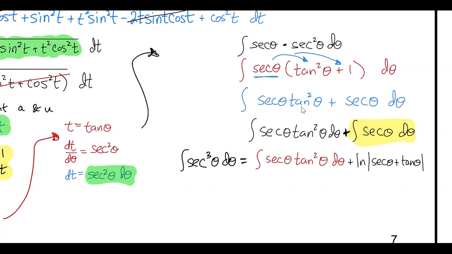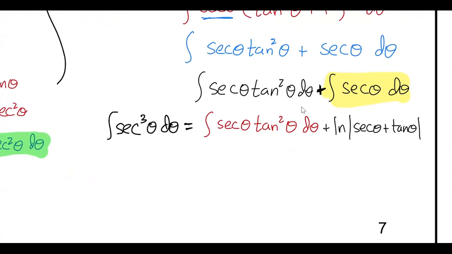So one thing that we could do at this point is, because we're at sort of an impasse, there's two possible ways. If you remember your trig identity integrals, whenever you had secants and tangents together, it was that weird case where it was like, all right, I know secant tangent is the derivative of secant, and I know that secant squared is the derivative of tangent, so which way do I go?